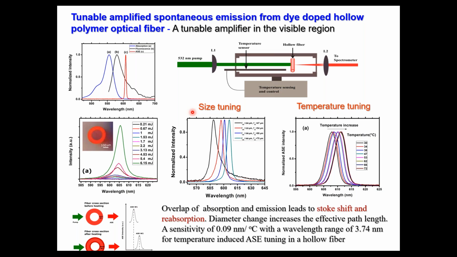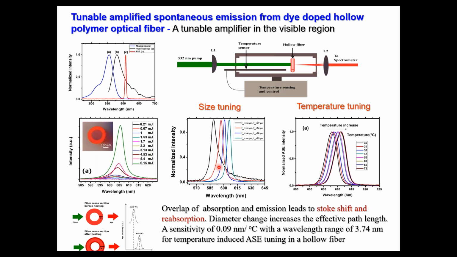So what is happening here is there is absorption and emission, and the reabsorption of the emitted radiation that is happening because of the Stokes shift. So you have fluorescent material inside the gain medium, inside the microstructure. It is excited with a green laser, and after absorbing the light, it emits the light, and that emission is being amplified.